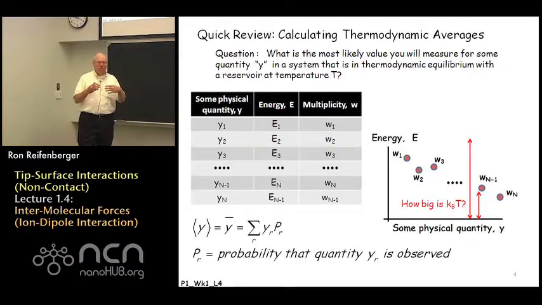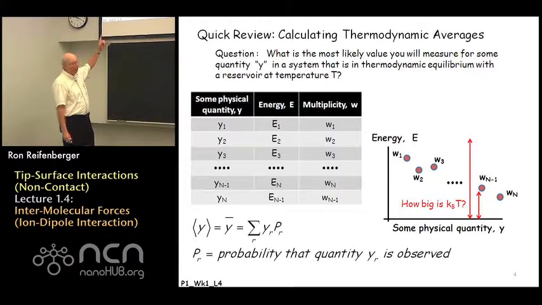In this case, we're just trying to lay out the basic ideas on how you might calculate the thermal average of this quantity Y. And the way this calculation proceeds is you have to have some knowledge about the physical quantities Y that you can measure. So you maybe make a simple table where you list all possible values of Y that might be measured. You have to relate those possible measurements to the energy of the system when you make that measurement.